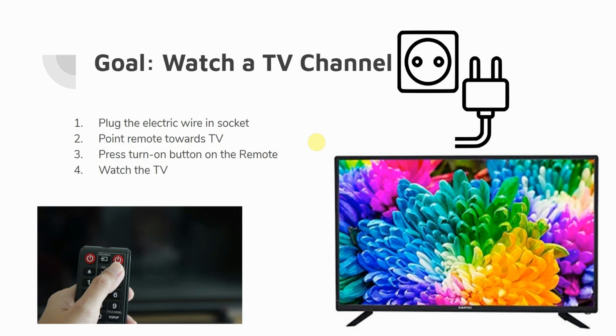So these are 4 steps to watch a TV channel, and this is a small program, and programming is all about solving problems in a way that achieves the goal with small steps. So we looked at 2 examples, and it's not about learning the syntax, it is about solving problems.